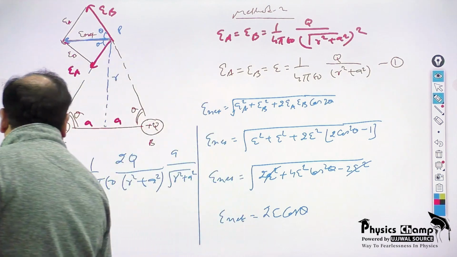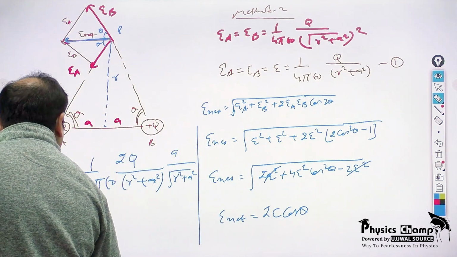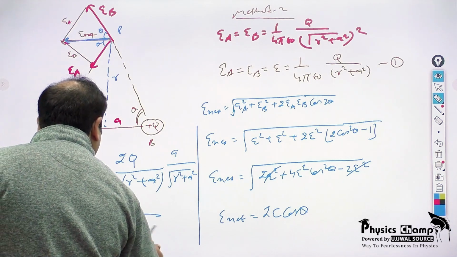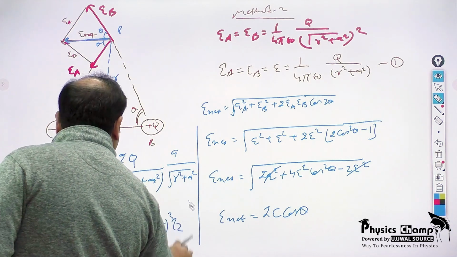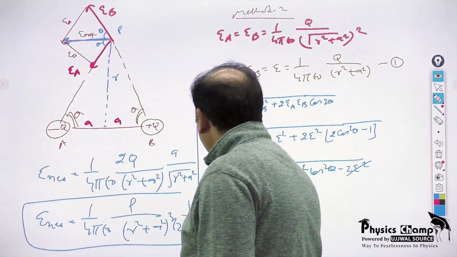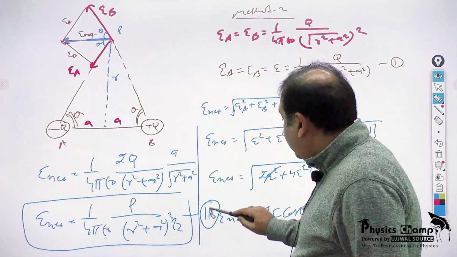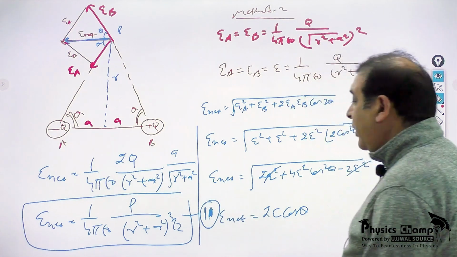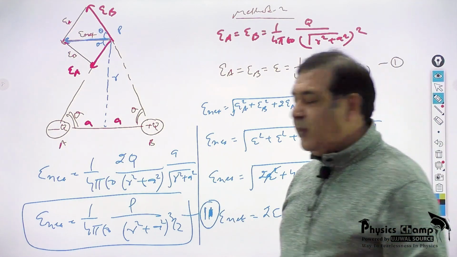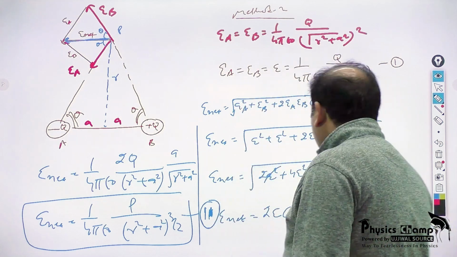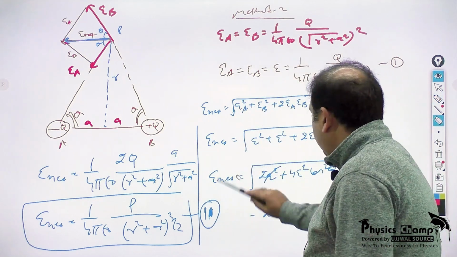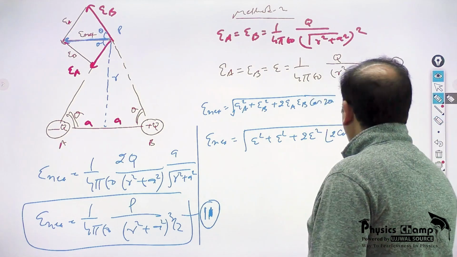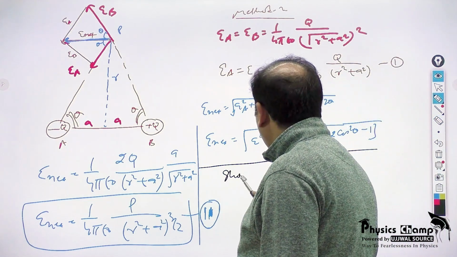So we will get the net electric field, which is 1 by 4 pi epsilon naught P by r square plus a square to the power 3 by 2. This is the same equation that we obtained earlier in the previous method. And what would be the case for a short dipole?